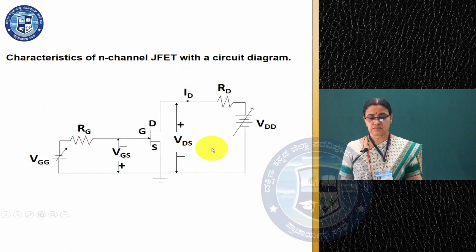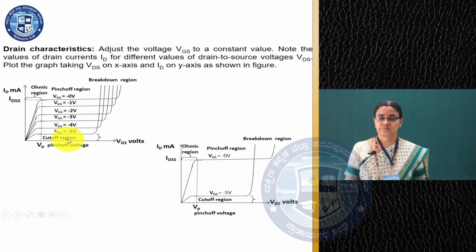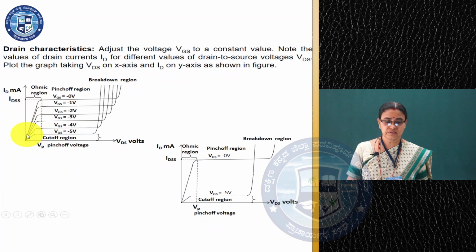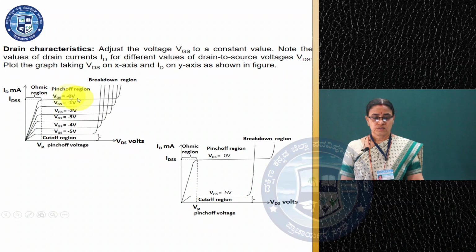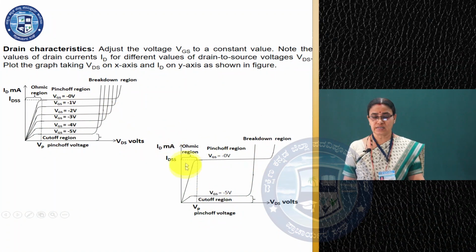Take different trials and you can plot the graph like this, with ID on the y-axis and VDS on the x-axis. You will get one curve when VGS is equal to 0. If you use different values, VGS equal to -1, -2 and so on, you get different curves, a family of curves. I have drawn only one curve here so you can understand clearly.